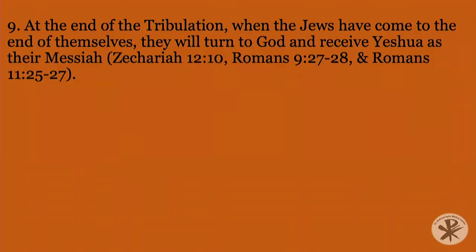Number 9, at the end of the tribulation, when the Jews have come to the end of themselves, many will turn to God, and they will receive Yeshua, Jesus, as their Messiah. That's found in Zechariah 12:10, Romans 9:27 and 28, and Romans 11:25 through 27.